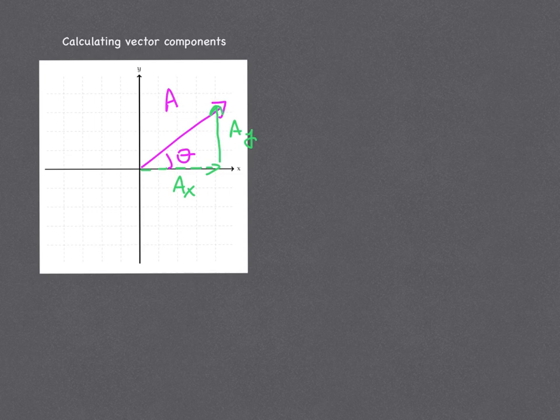So you should be familiar maybe with the word SOHCAHTOA, which tells you what is contained in each of the three trig functions.